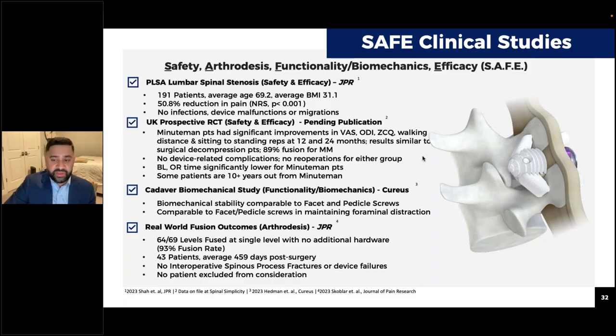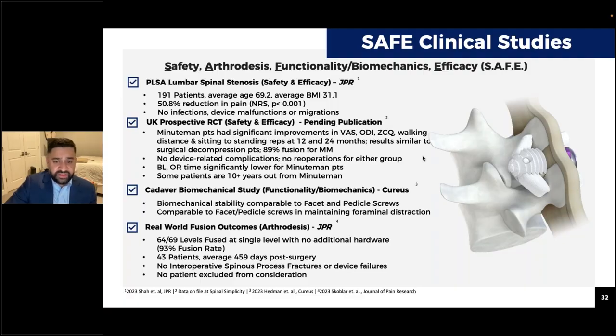So when we start talking about the replicability of these outcomes in our patients, I think that fits the bill of a lot of the patients we see in our practice, right? They noted a 50% reduction in pain. And which is good, no infections, device malfunctions, or migration. So when we look at both safety and efficacy, the study was clearly able to show it.